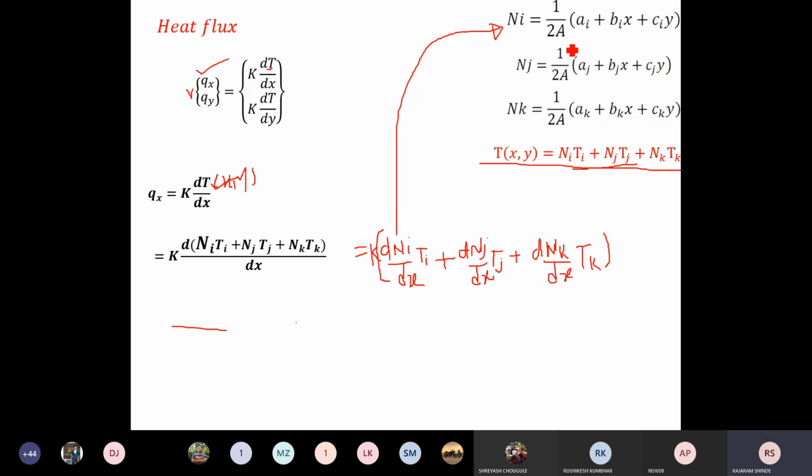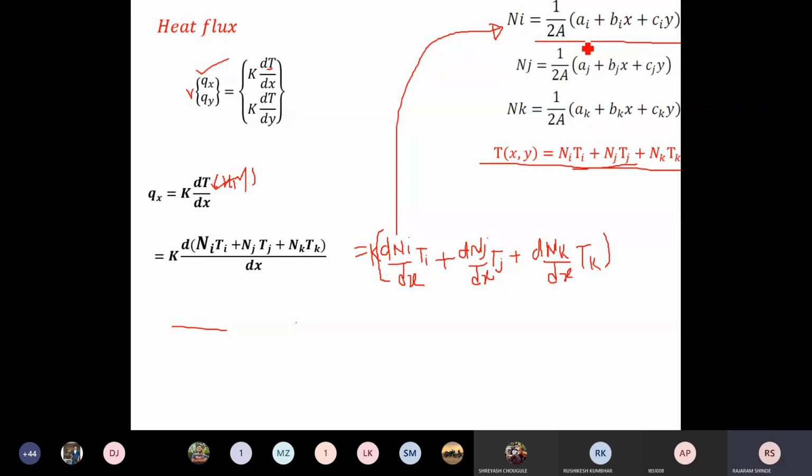Yes, tell me. Akshay Shinde, what is derivative of ni with respect to x? Akshay? Hello, sir. Yes, what is derivative of ni with respect to x? You differentiate just this equation. Derivative of ai is what? yes.